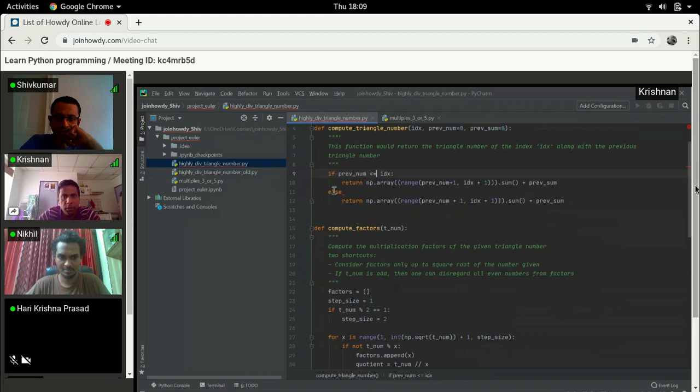So we say previous number is less than or equal to idx, and otherwise we give -1 here. This should be more like idx. Yeah, either way, you can switch them. And previous number.